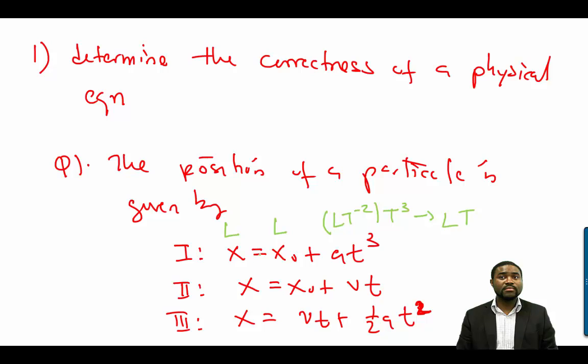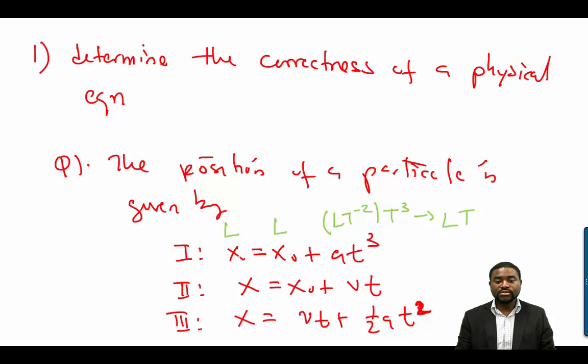I'm a bit confused on how you got to that. Remember, for an equation to be correct, the dimensions of all additive terms must be what? The same. When I use the word additive terms, I mean terms that are separated by the plus, minus, or equal to sign.